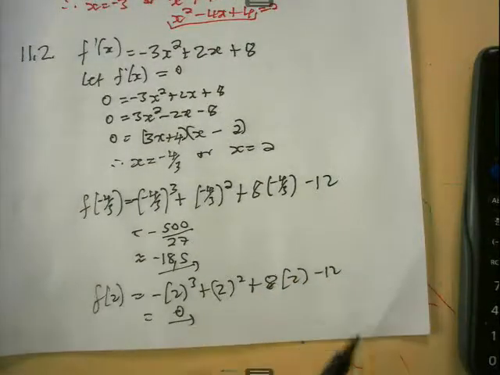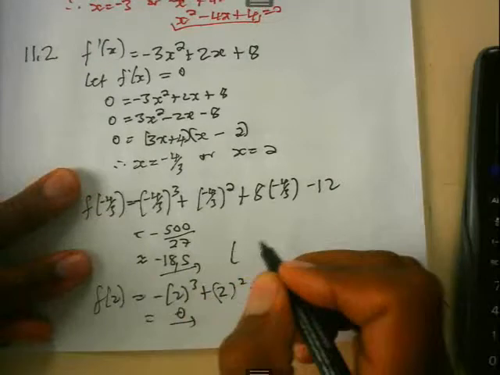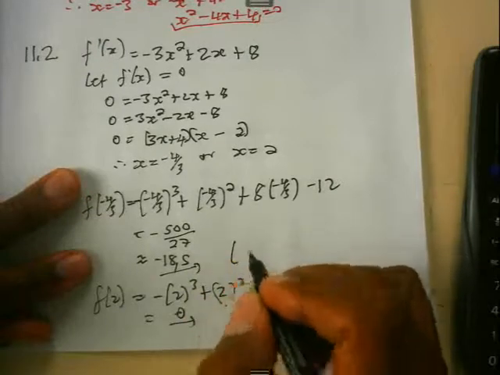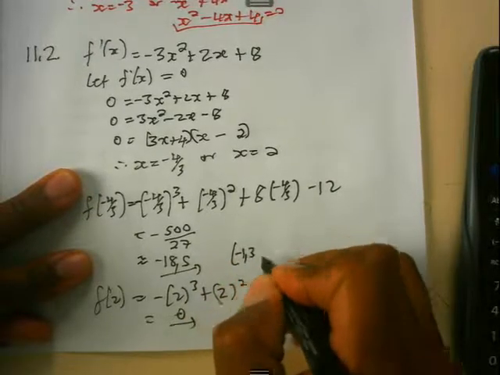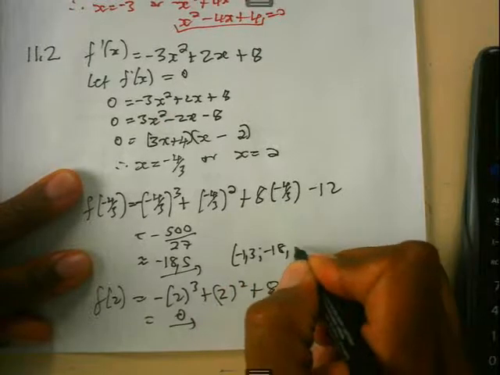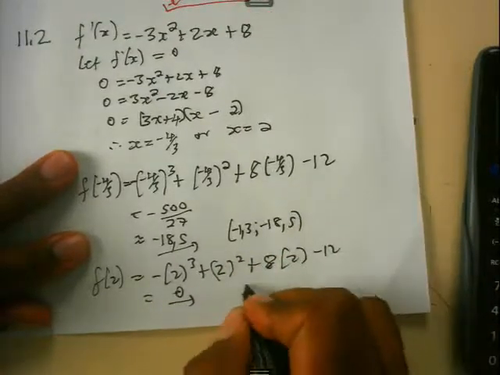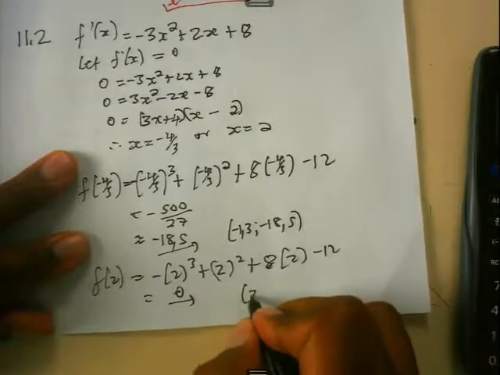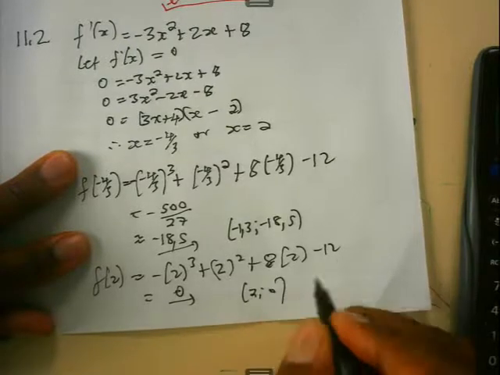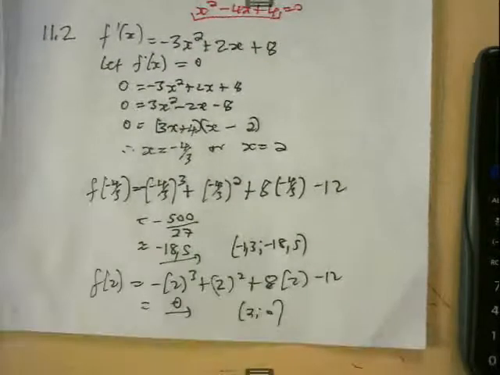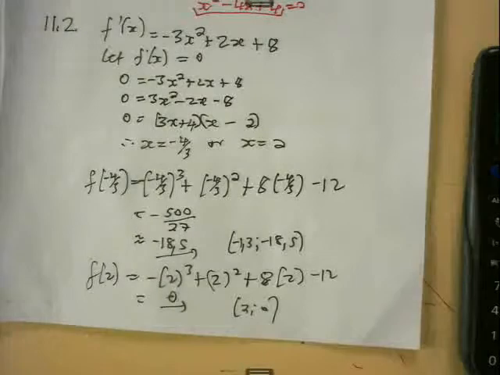Boys and girls, now we have the coordinates of the turning points. On this one here, we have negative 1,3 as well as negative 18,5. And also the second one here, we have 2 as well as 0. Of course, you can look at this one now. The graph of f is decreasing. Why am I saying it's decreasing?